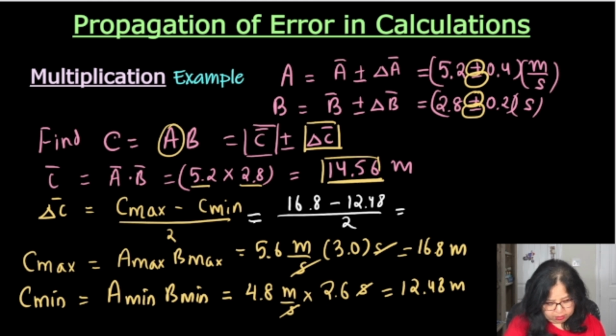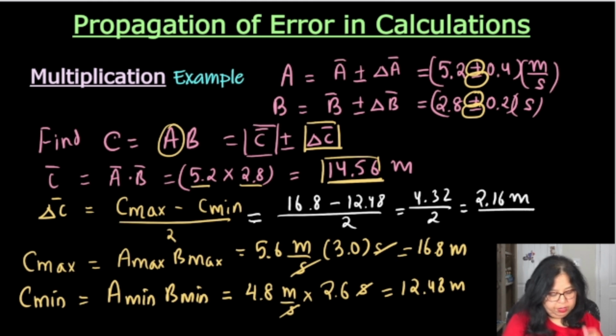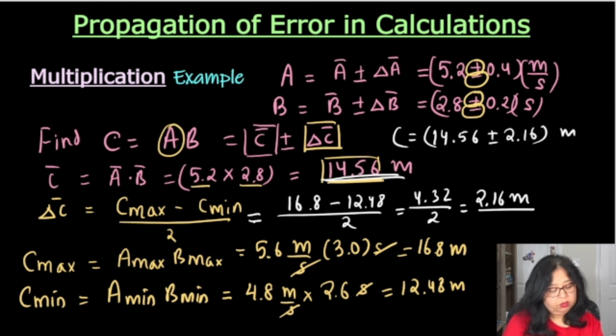I get 4.32 divided by 2, which is 2.16 meters. Okay. So the answer for C would be 14.56 plus or minus 2.16 meters.